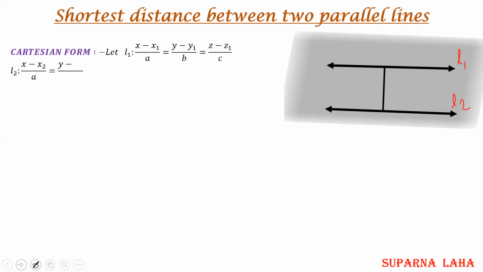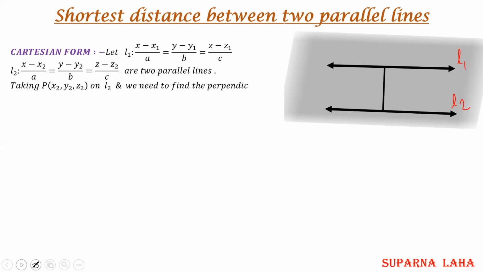Any arbitrary point on L1 is x1, y1, z1, and any arbitrary point on L2 is x2, y2, z2, right?